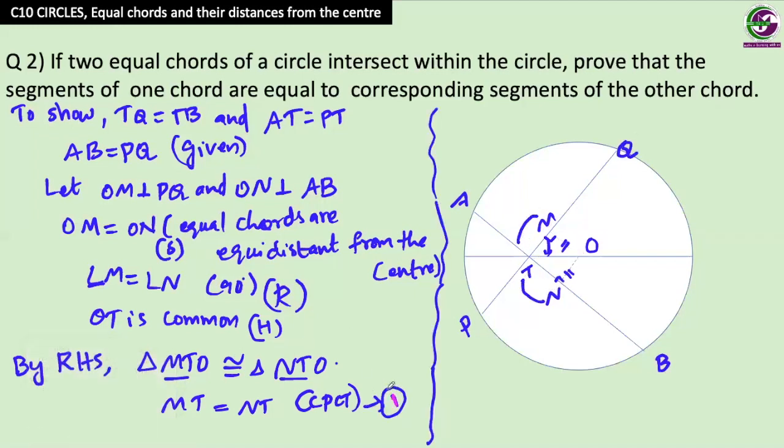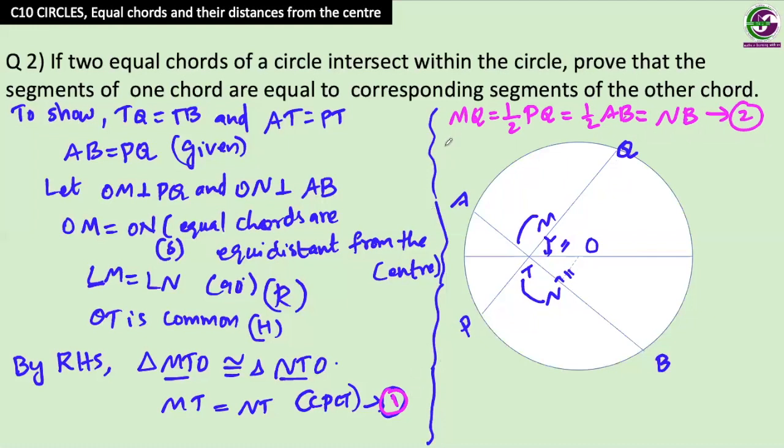So we found these two parts are equal. Let this be equation number 1. And we know that MQ is half of PQ because perpendiculars from the center bisect the chord. And half of PQ is the same as half of AB because AB and PQ are the same. And half of AB means it is NB. Let this be equation number 2.